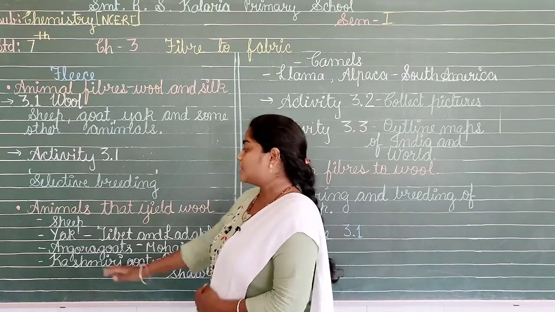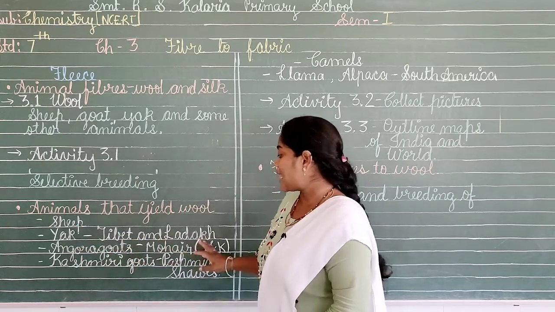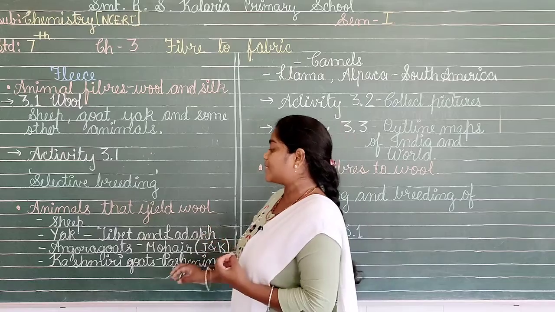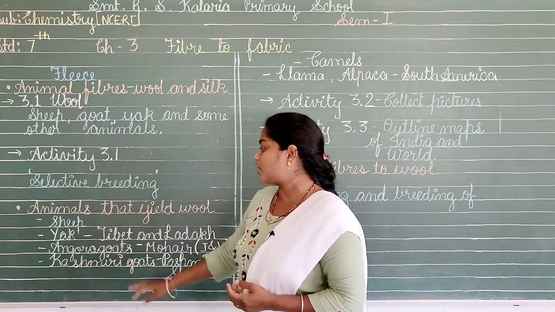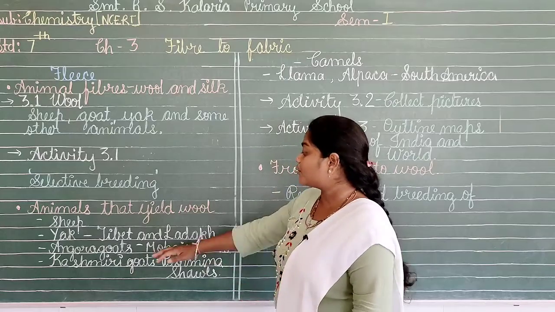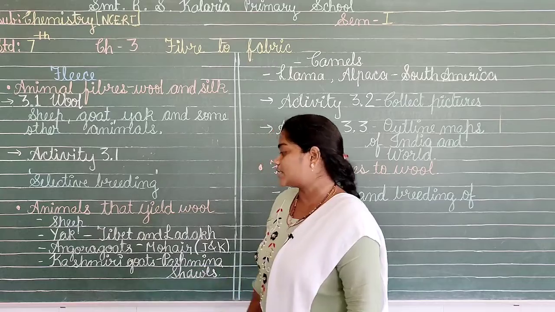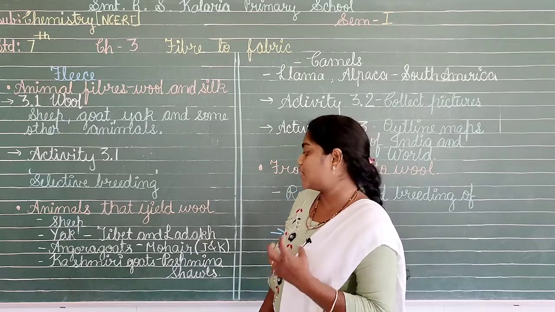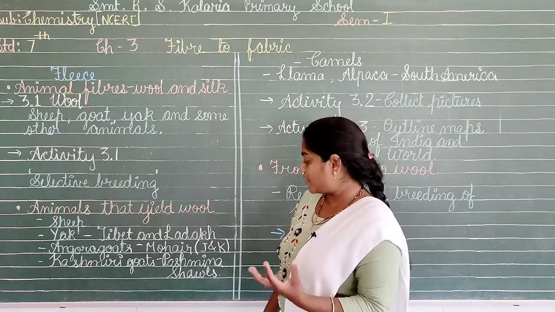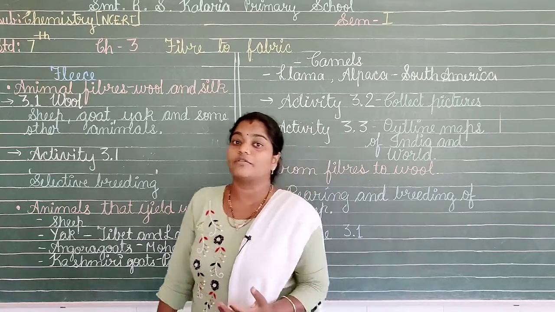Now, which are they? The sheep is there, the yak which is found in the Tibet and Ladakh area, they are also providing us good things. Then we have the Angora goat, from which we can get mohair, and they are found in Jammu and Kashmir. Then we have the Kashmiri goats which are giving us wool, and they are useful in making the Pashmina shawls which are very famous in northern India.